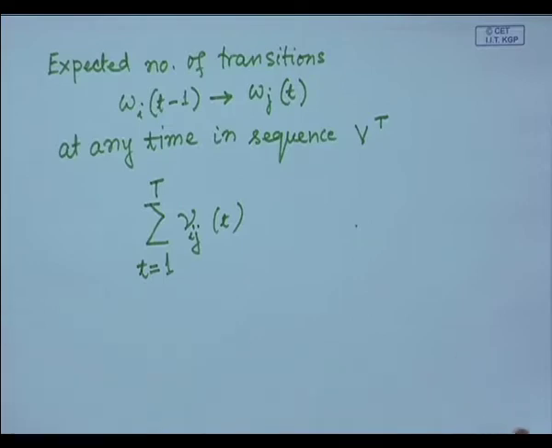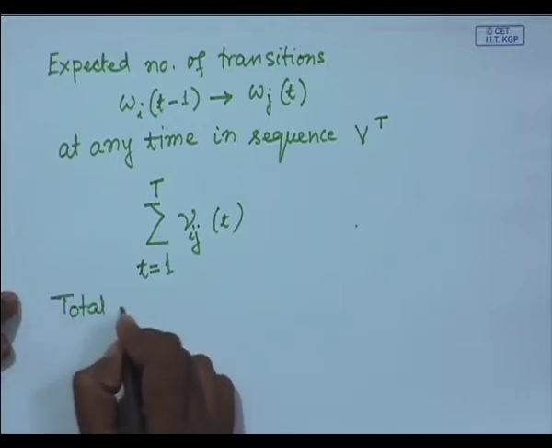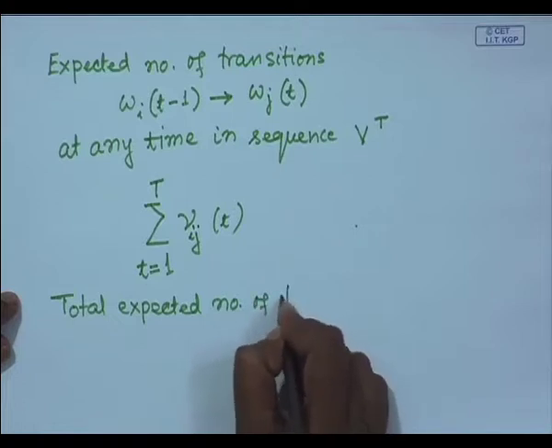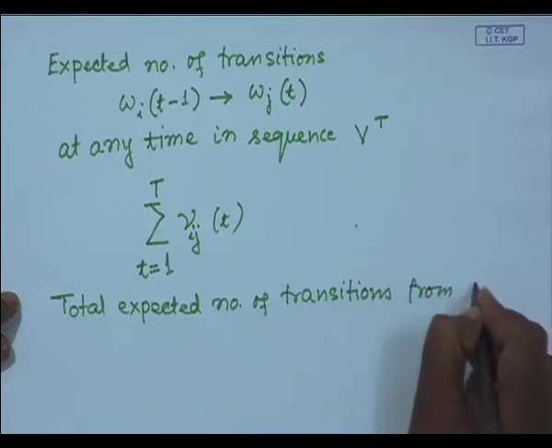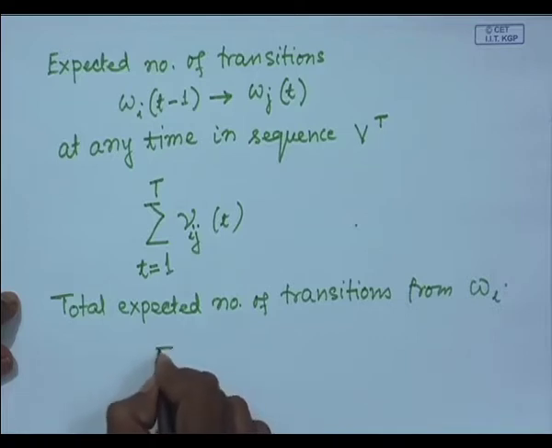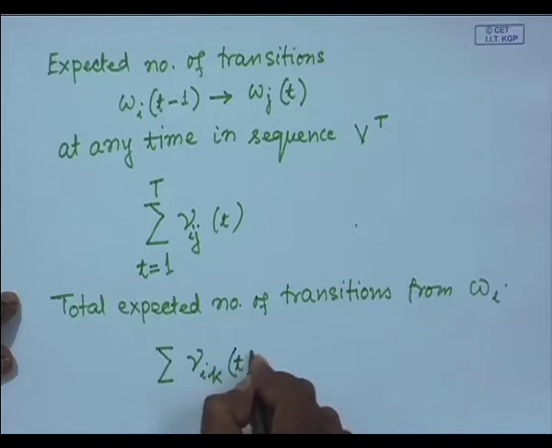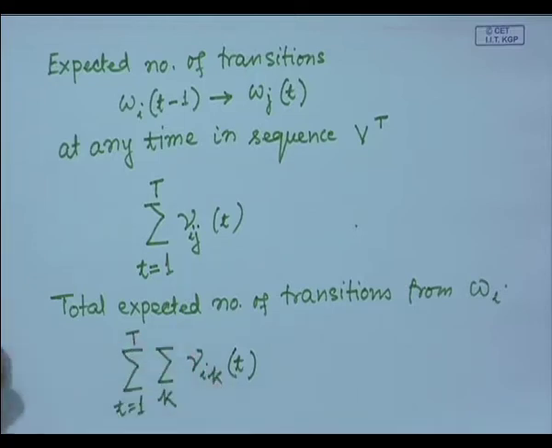And the total expected number of transitions from state omega I. So, against this I have the total expected number of transitions from state omega I, that will be given by the sum of gamma I k t, where I have to take the summation over the index k, and this whole thing has to be summed again over t equal to 1 to capital T. So, you find that I have two quantities.